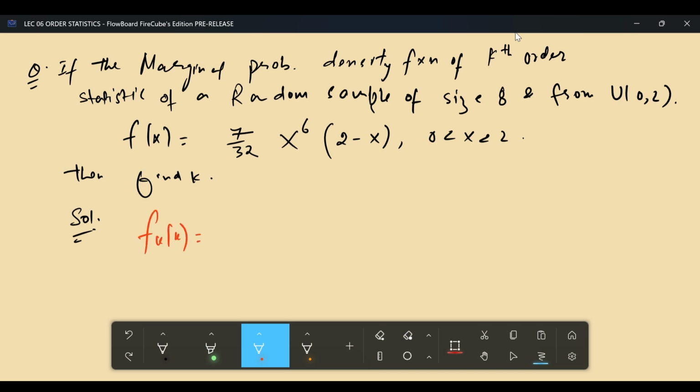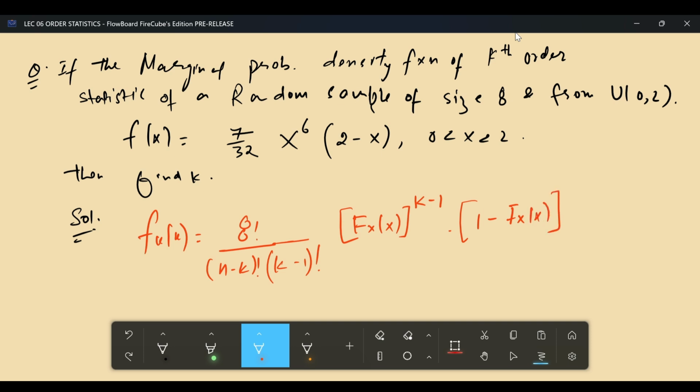Simply, this is n factorial, that is 8 factorial, upon n minus k factorial, k minus 1 factorial, F of x raised to k minus 1, into 1 minus F of x raised to n minus k, into f of x.